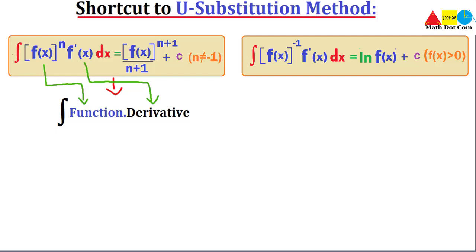In the expression after the equality, we have just added 1 to the power of the function and divided by the same. That is basically the rule of integration. When you find the integration of a certain function, you add 1 to the power and divide by the same, and you have to add plus c, and that's it.